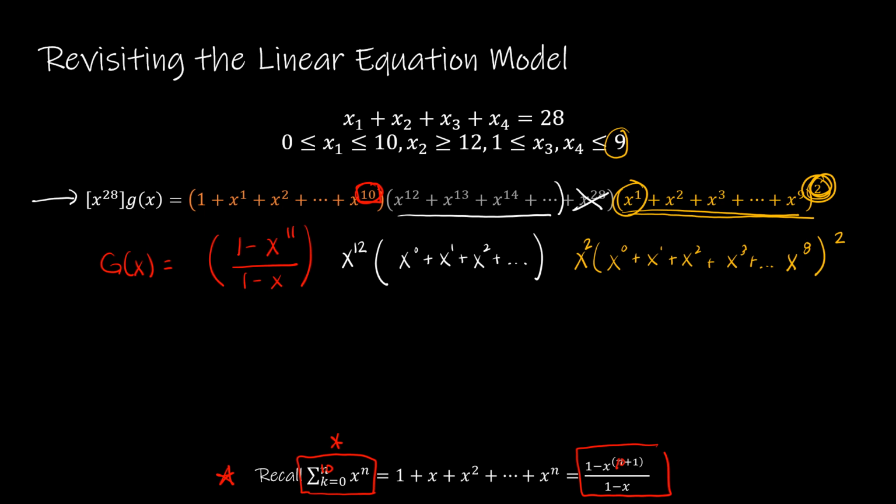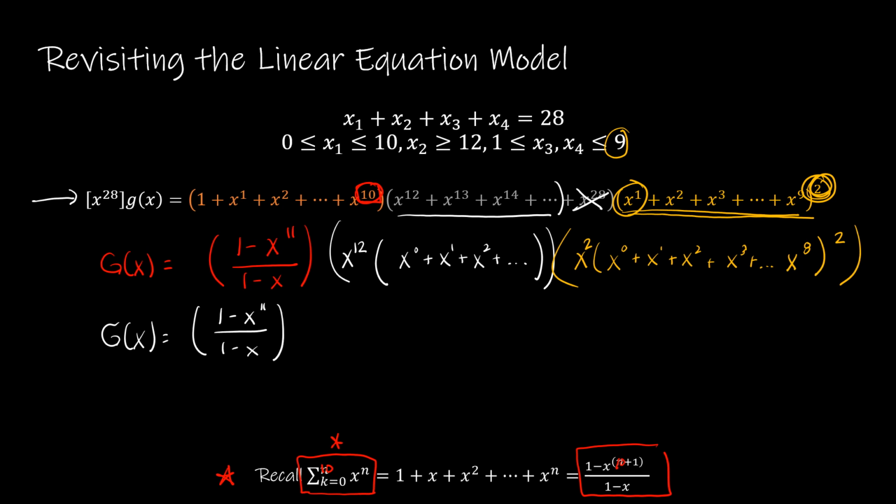So this is where we are so far. Again, this is a product. And so what I have to represent x1 is actually perfect just the way it is. So for g of x, this stays 1 minus x to the 11th divided by 1 minus x.